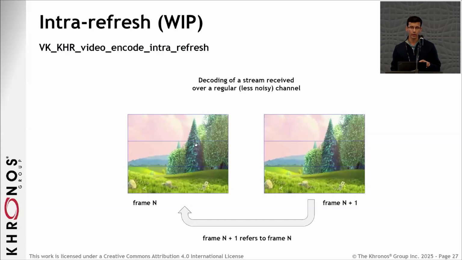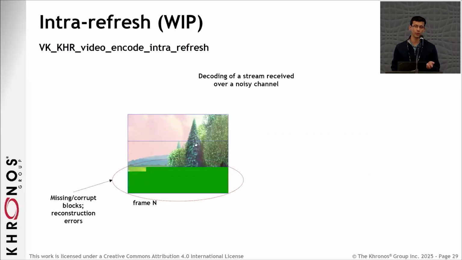And this works when you have the stream coming over a channel with less noise. If you pass the same stream over a network with a lot of noise, you can end up losing a chunk of the data there. In the previous slide, I had divided the frame into 3 regions, and this is why: I wanted to show that you can have one entire region lost due to noise in the channel.